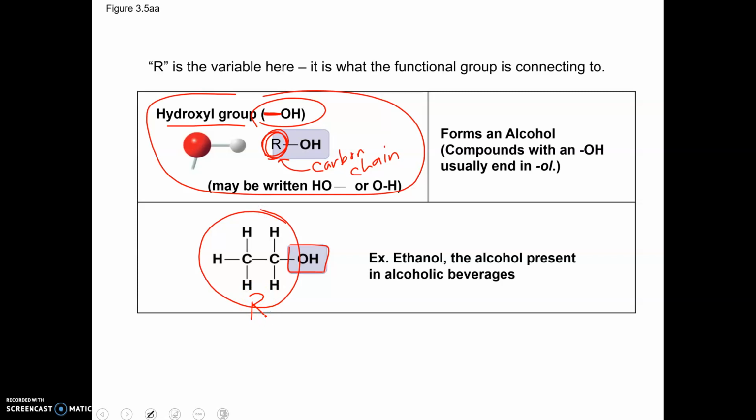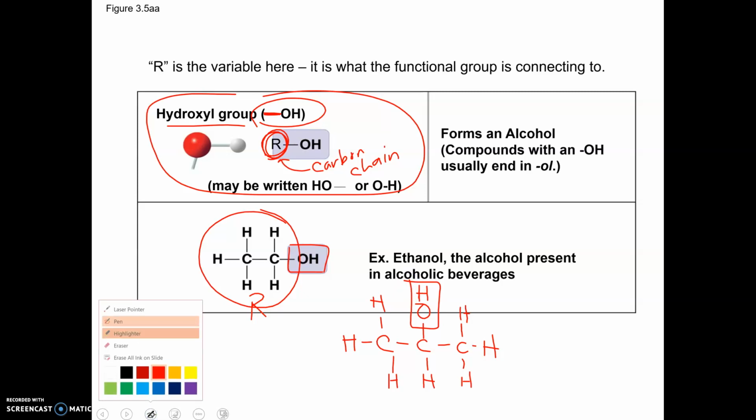Now, another alcohol you used in the lab was isopropyl alcohol, or isopropanol. Isopropanol looks like this. Carbon with a bunch of hydrogens, and right here sticking off this middle one, an OH. This is the hydroxyl group. The rest of this here, all of this is R. This is what it's connecting to, the rest of the molecule.